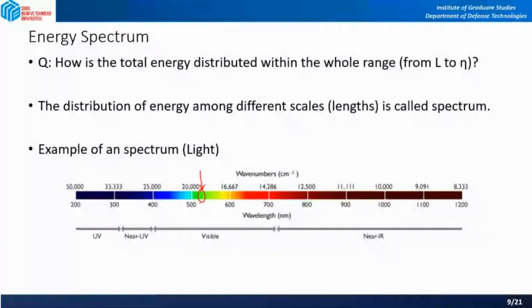So that distribution of wavelength, or in our case, distribution of a scale length, because both have the unit of length, as we know the wavelength is in nanometers, meters. So we want to know how the energy is distributed in this spectrum of length scales between capital L and eta.